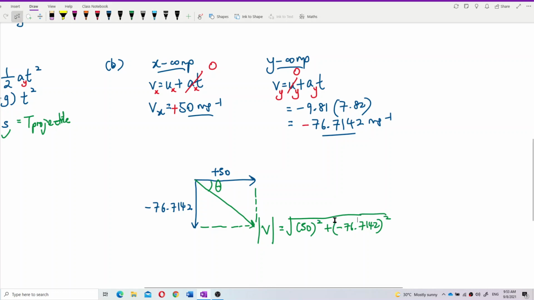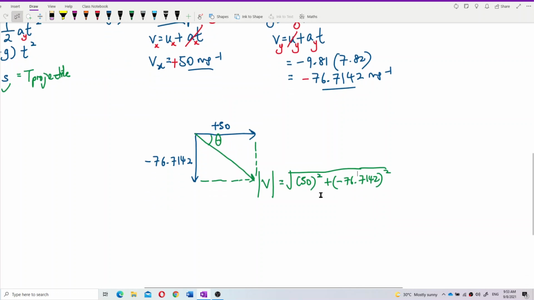Remember, the negative after squaring disappears, becomes positive. So it's Pythagoras theorem, and what's the answer? I got the V is 91.57 meter per second.